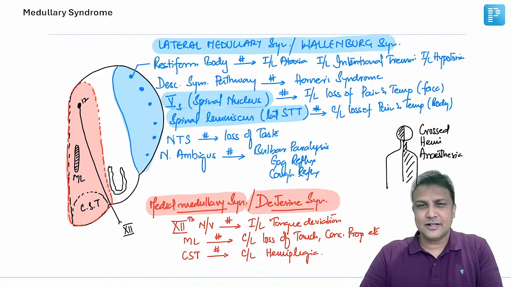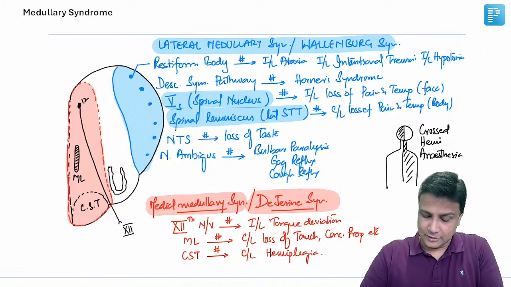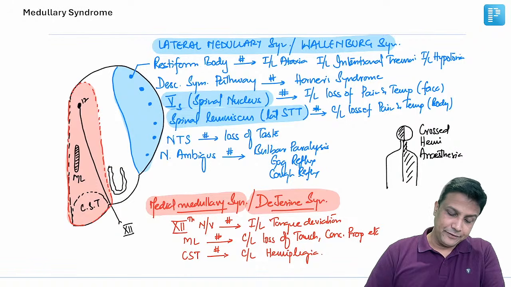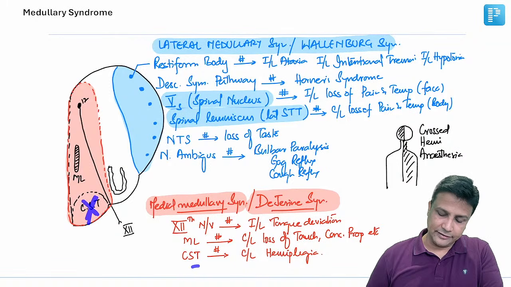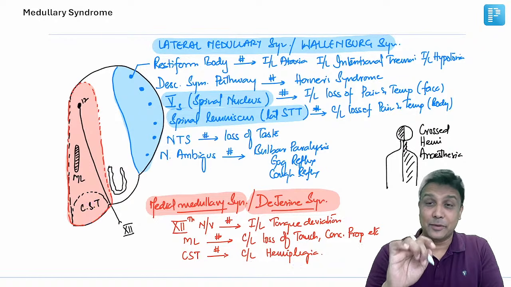Now the medial lemniscus is actually the continuation of the dorsal column tract. Again, the same thing: fine touch, conscious proprioception, along with stereognosis, all those functions will be lost on the contralateral side. In fact, the corticospinal tract, the pyramidal tract, is also gone, and again it will lead towards a contralateral hemiplegia.